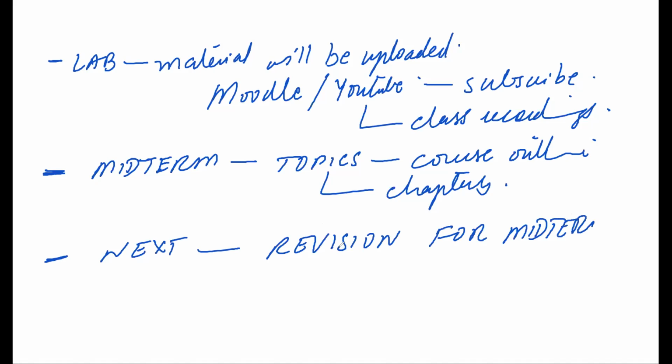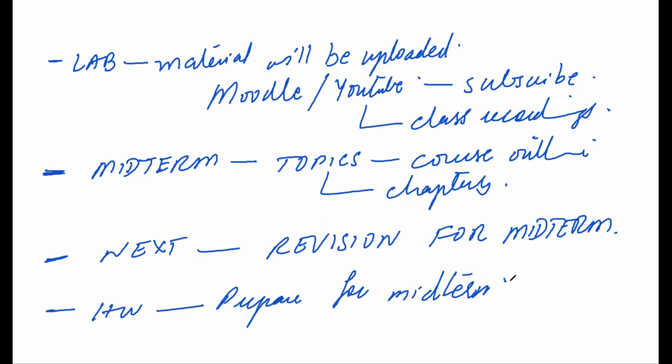Is there any other announcement we made? Your homework now is to start preparing for the midterm. This is your class homework, and the lab homework is to practice the lab material provided.